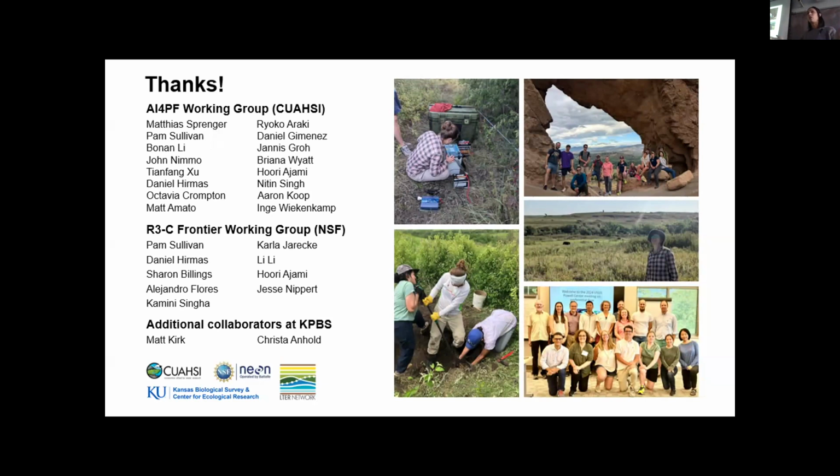Like all the streams at Kanza are groundwater fed. So as things weather below ground and some of those connections change, there's the potential of altering something like stream flow over long periods of time. I also know it has impacts on CO2 levels in the water, which can impact pH. I don't know as much about the impacts on water quality per se, but that would be a great question for Matt Kirk. Matt Kirk would answer that better.